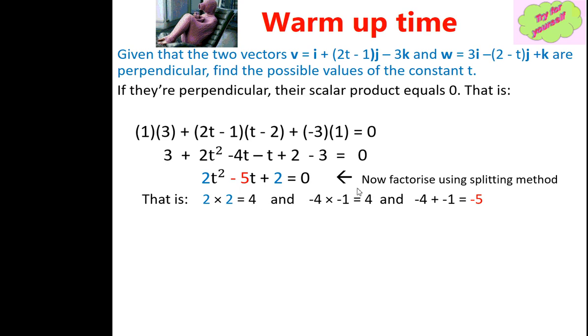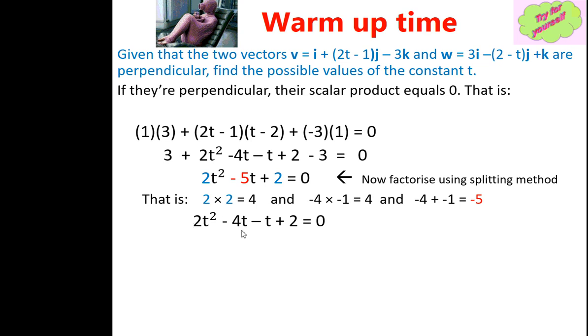So you've got to split the -5t into -4t plus -1t. So we split this middle term into minus 4t minus t plus 2, because minus 4t minus t is still minus 5t. So overall, this is the same equation.